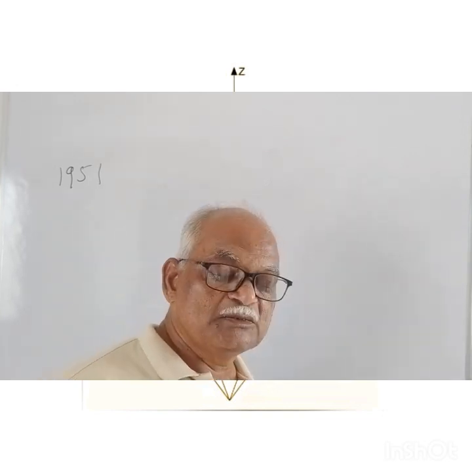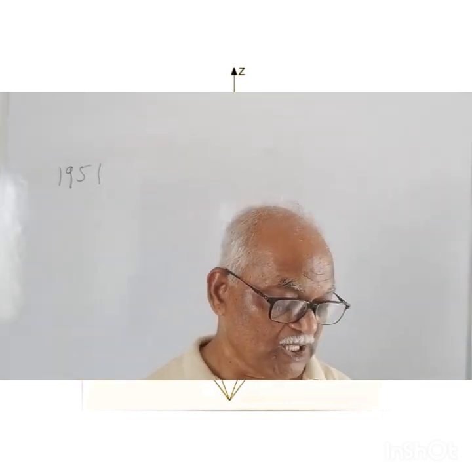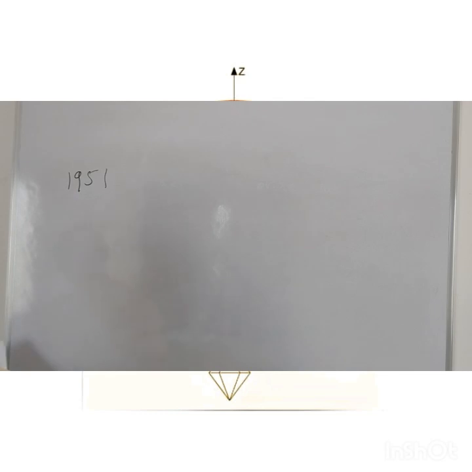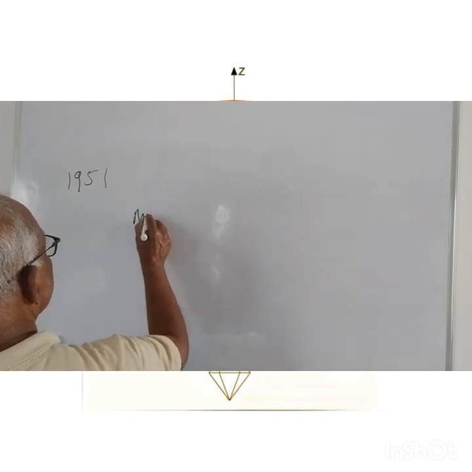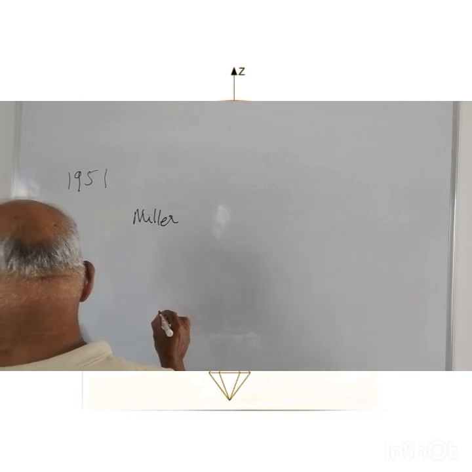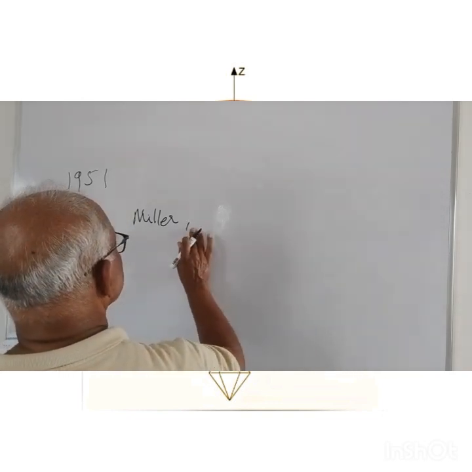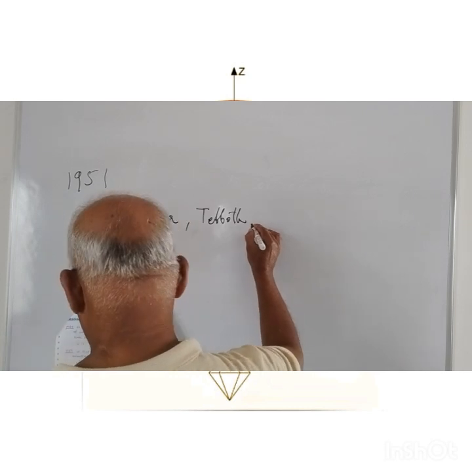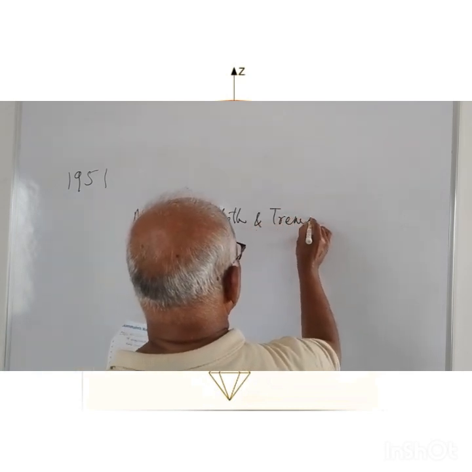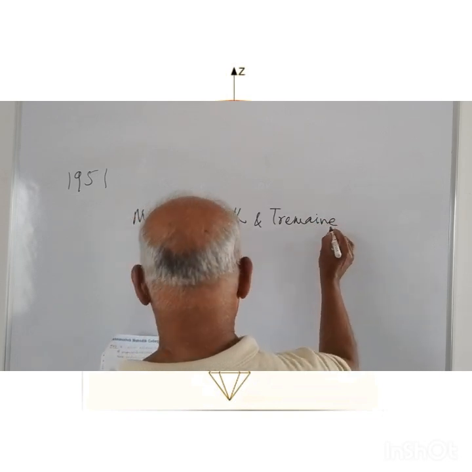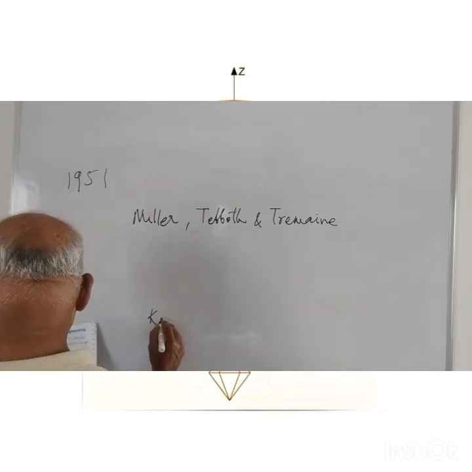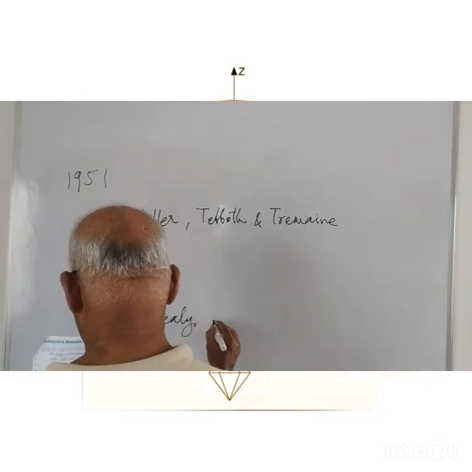The first group is Miller, Tebboth and Tremaine. The second group was Kealy and Pauson.